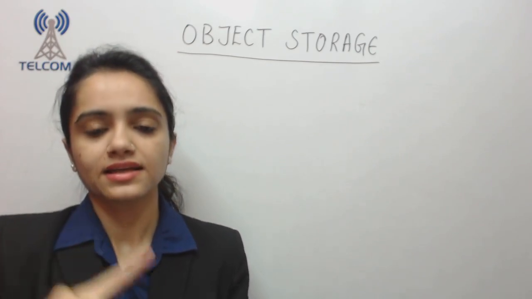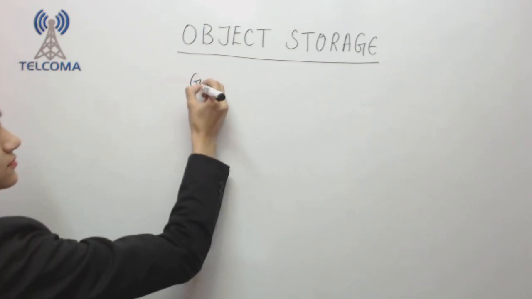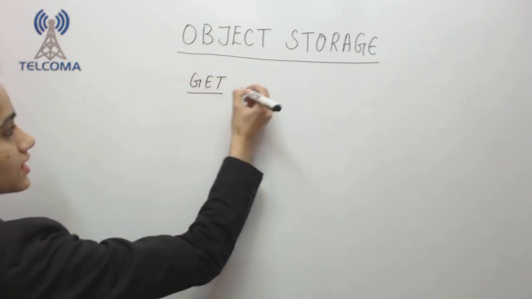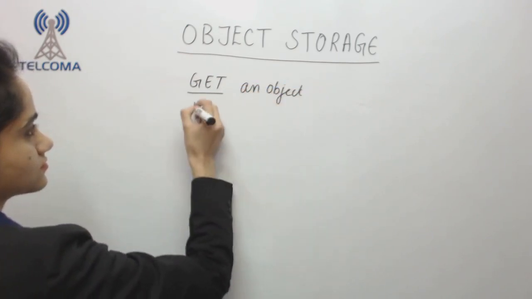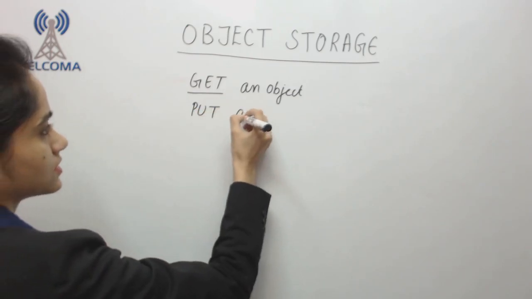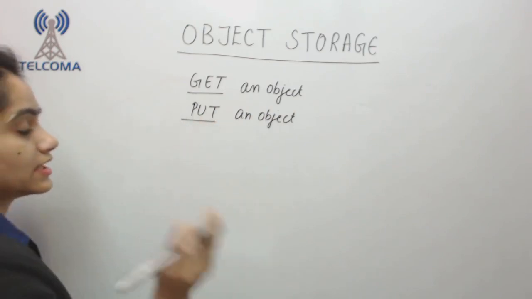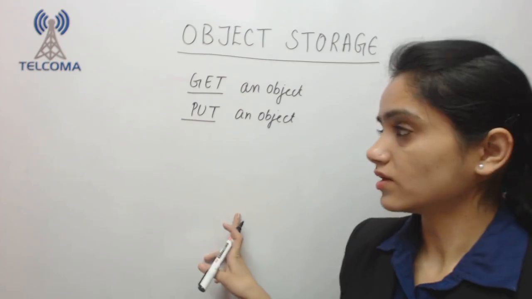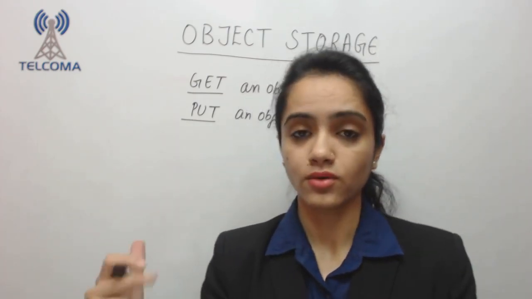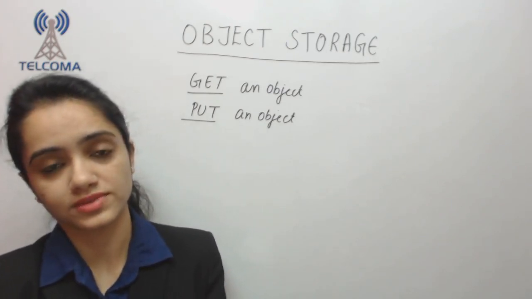So in the case of Amazon S3, we can get an object or put an object. That means we can add and we can retrieve an object. We operate on a whole object at once, instead of incrementally updating a portion of the object in a file.